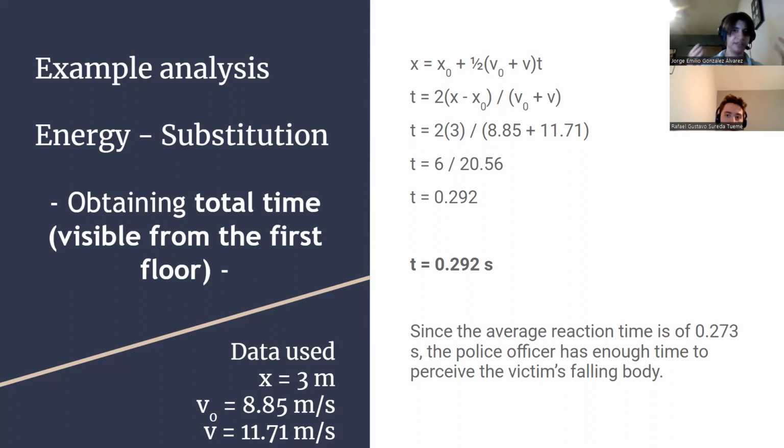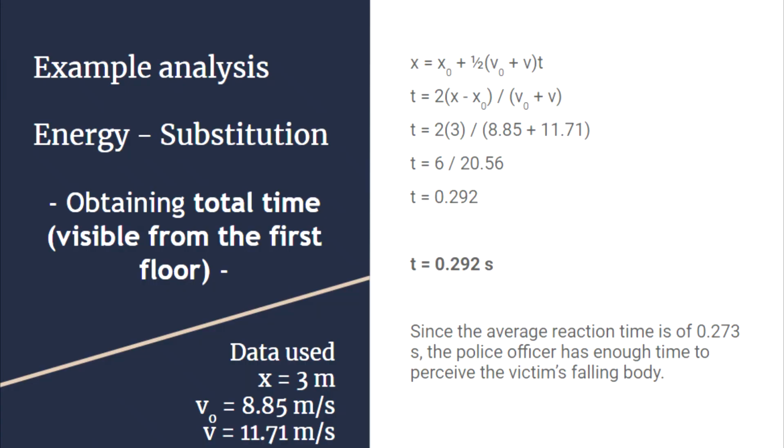Now, substituting the variables, we get that time equals 0.292 seconds. And from the data given at the beginning of the problem, we know that the average reaction time is 0.273 seconds. So we can say now that the police officer has enough time to perceive the victim's falling body.